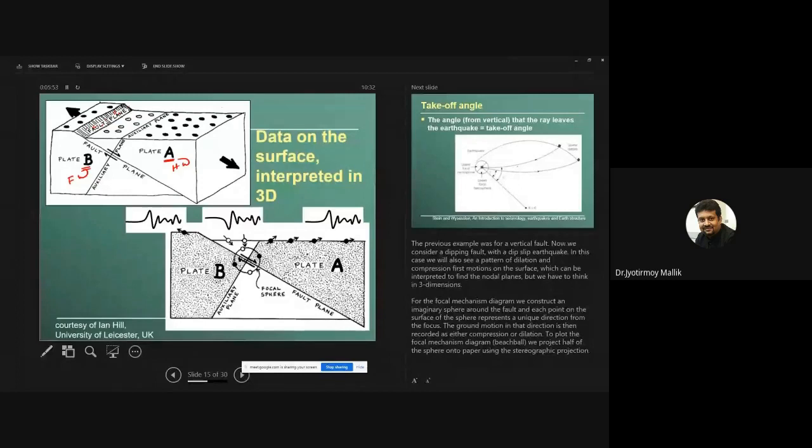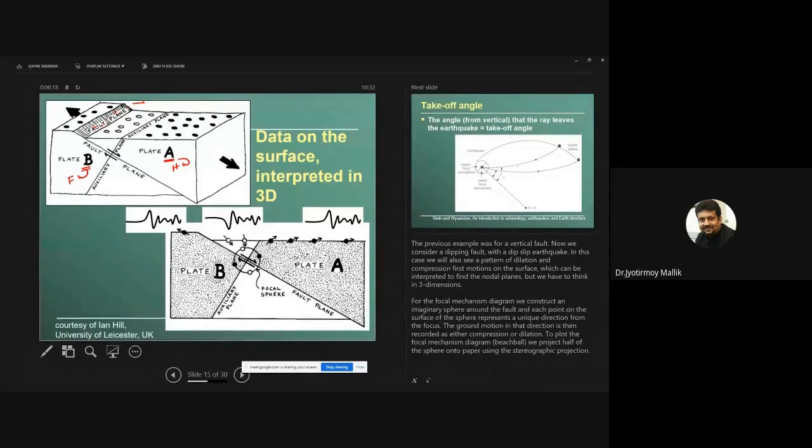Right? Why is it hanging wall? Because it is in the direction of the dip, right? And in a normal fault, hanging wall moves down. You remember all these things. Right? So now let's see. Now we have all these seismometers on the ground.